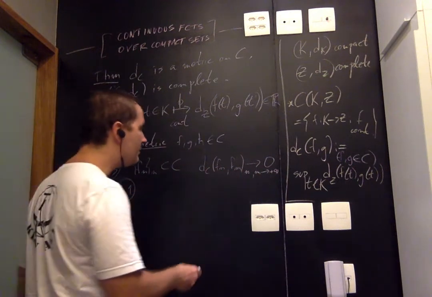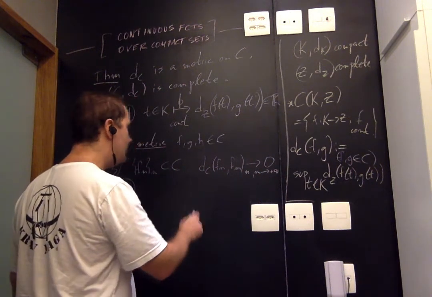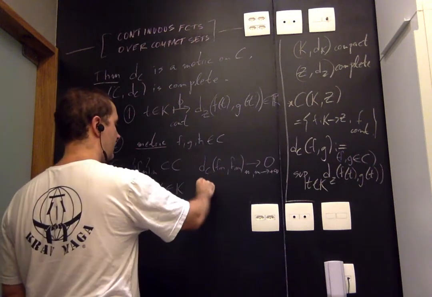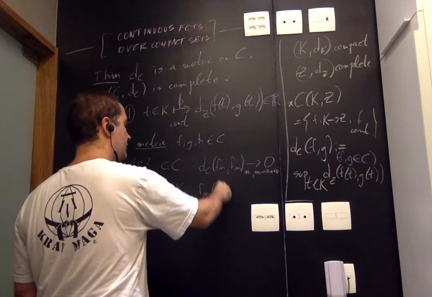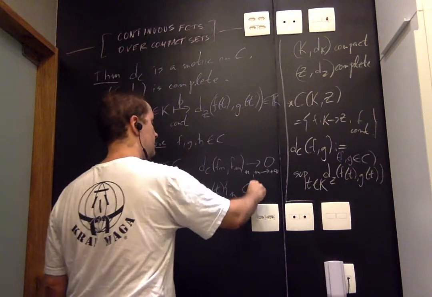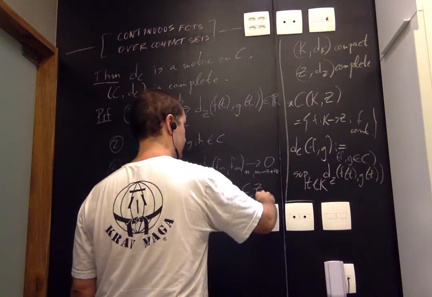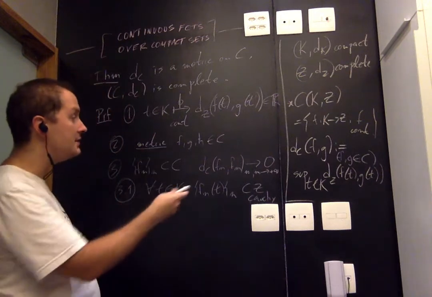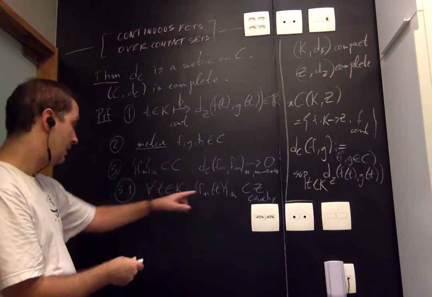But if you have a Cauchy sequence in that metric, then for all t, f_n of t is a Cauchy sequence in Z, which means it converges because we assume that Z is complete. And how do we know this?